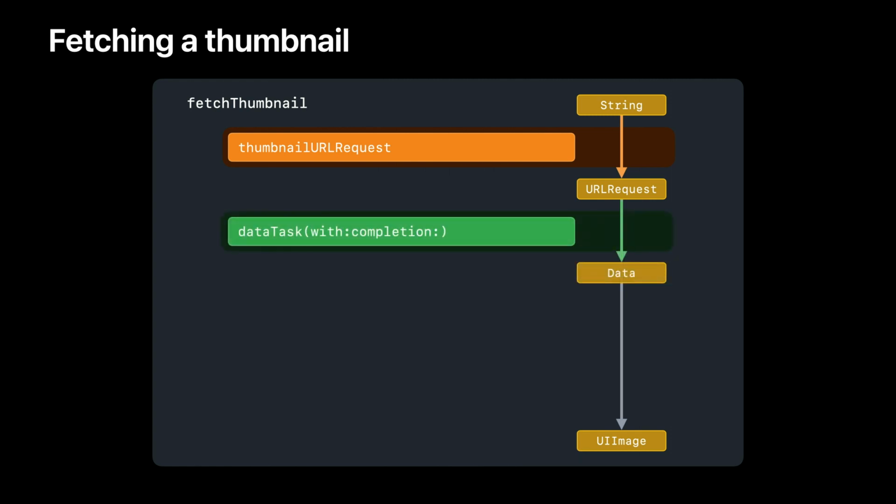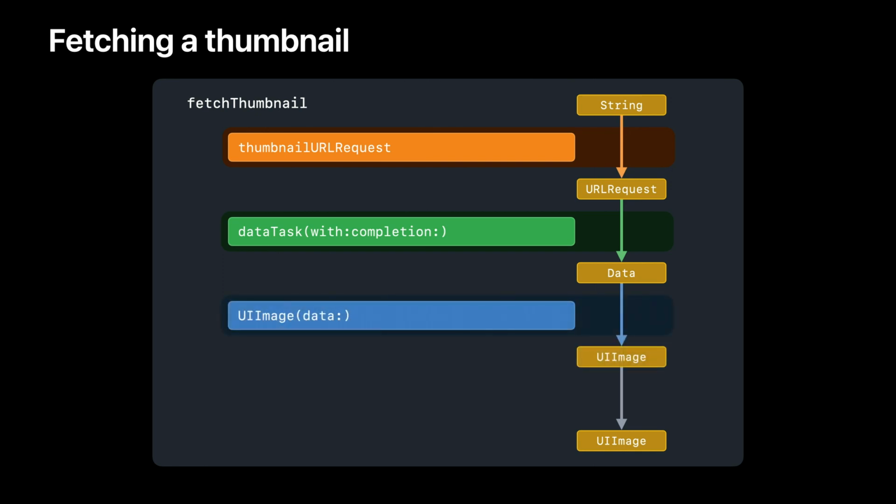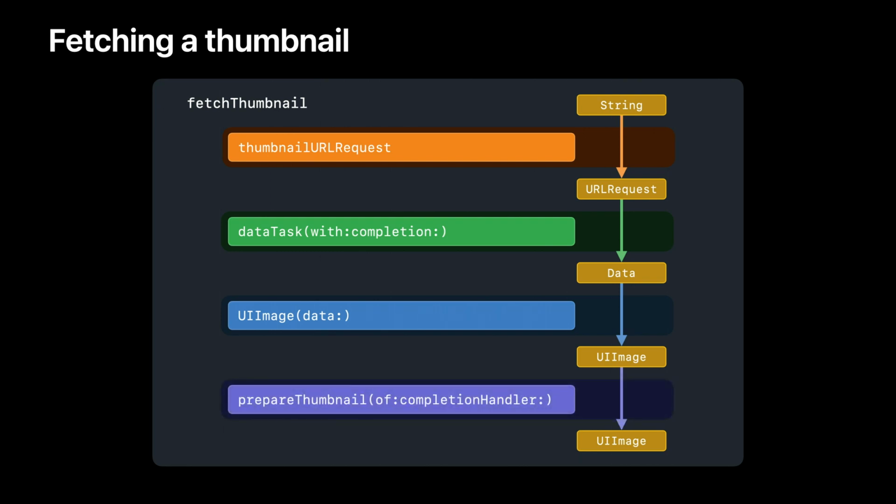Next, URLSession's dataTask method gets the data for that request. Then UIImage initWithData creates an image from that data, and finally, UIImage's prepareThumbnail method renders a thumbnail from the original image. Each of these operations depends on the previous one's result. That means they must be performed in sequence.